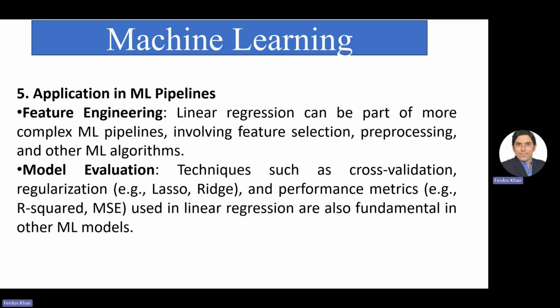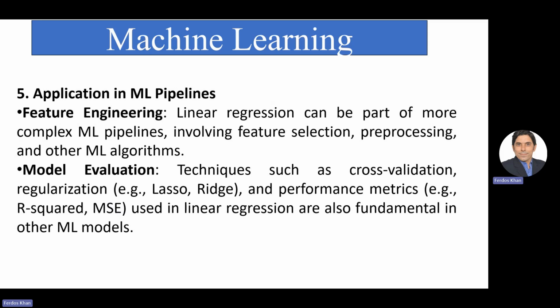Application in ML pipelines. Linear regression can be part of more complex ML pipelines involving feature selection, preprocessing, and other ML algorithms. So yes, this can be a part of other advanced and complex machine learning pipelines. Model evaluation: techniques such as cross-validation, regularization, Lasso, Ridge, and performance metrics, such as R squared and MSE, mean squared error, used in linear regression are also fundamental in other ML models.